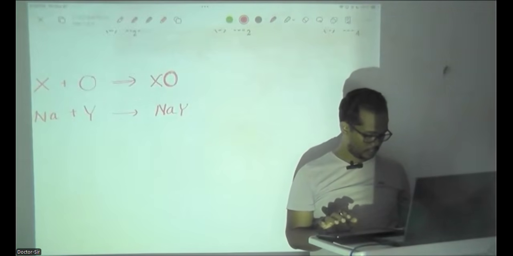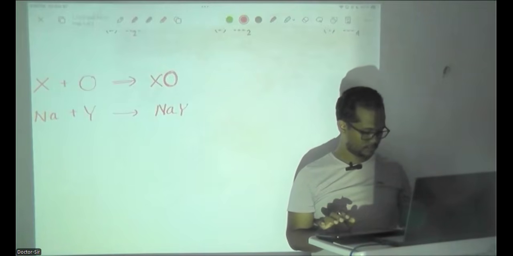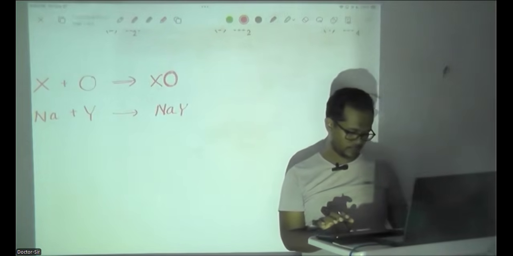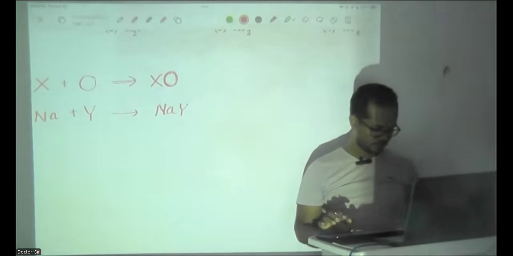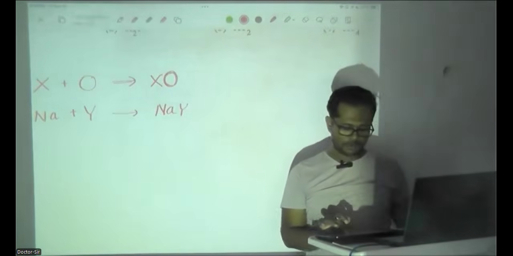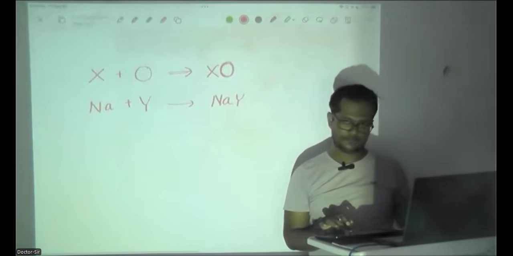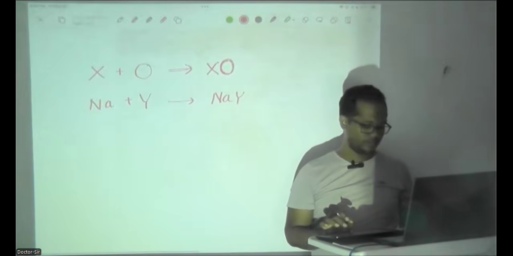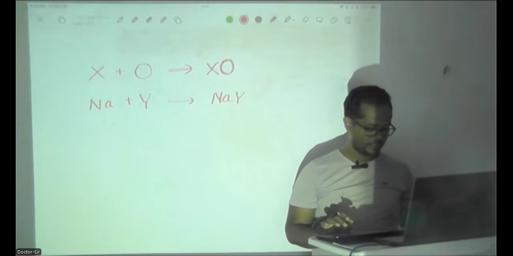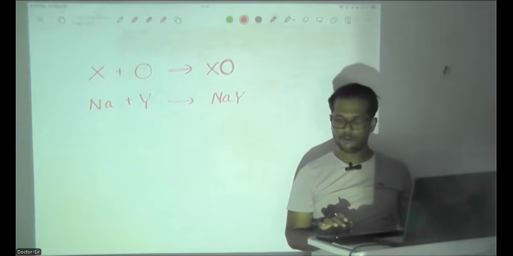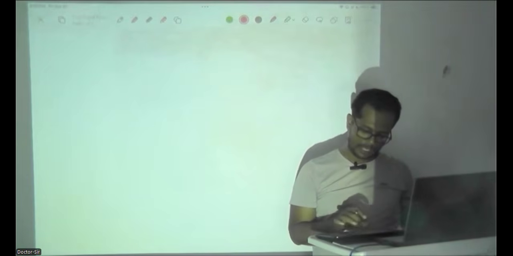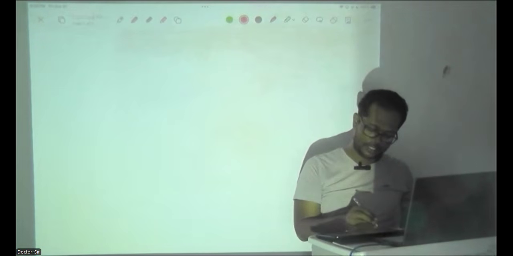So how can we get the answer? First, we should know what the valencies are here. We should find out the valency of X and the valency of Y. Before that, I will go to the periodic table.